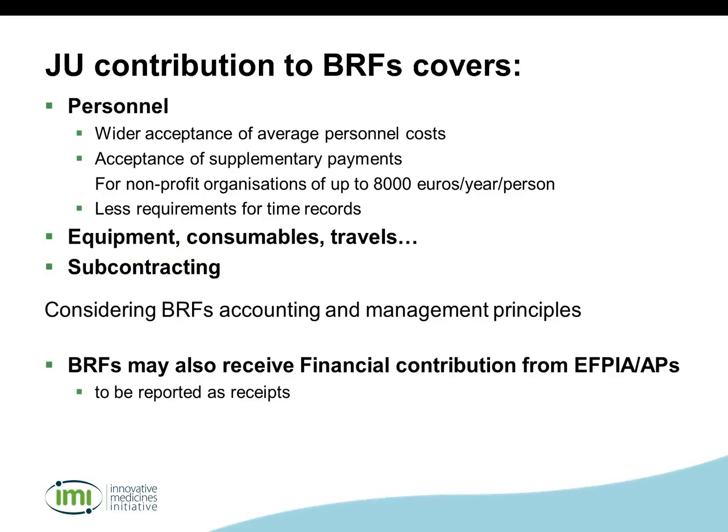And this GU contribution covers personnel costs, equipment, consumables, subcontracting, etc. Obviously, subcontracting should be identified in the description of the action and in your proposal if you already identified them. And costs will be claimed according to the accounting management principles of each applicant organization.